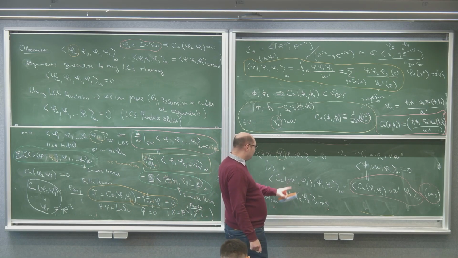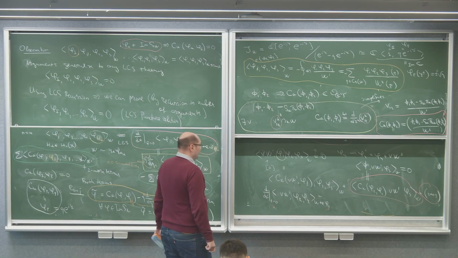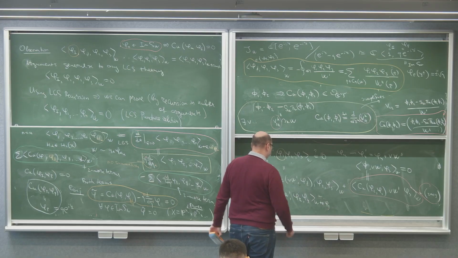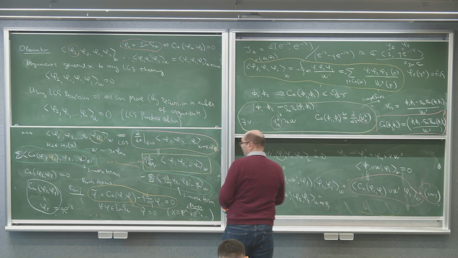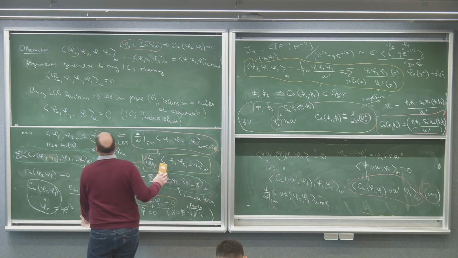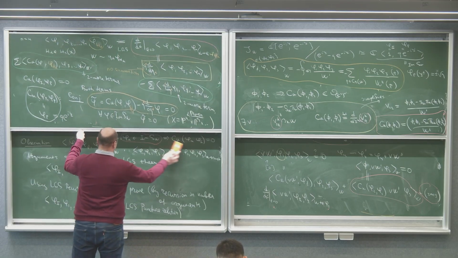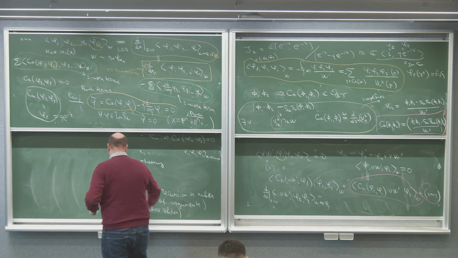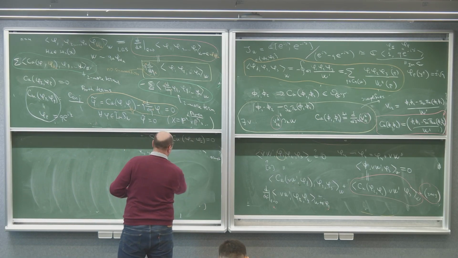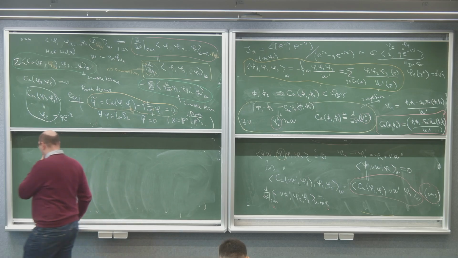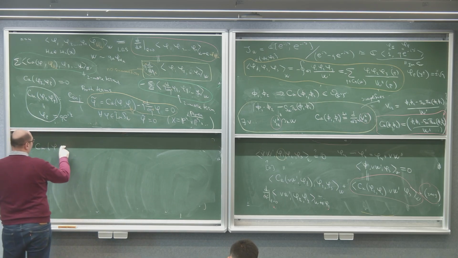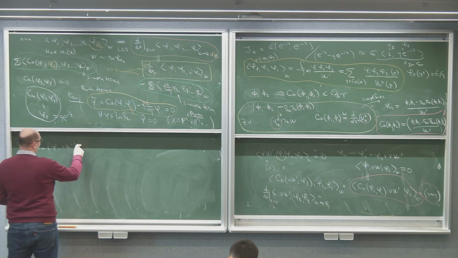So now 2 more terms. Let us look at this term. Let us compute the contact term between an element of a good section and v times w prime.